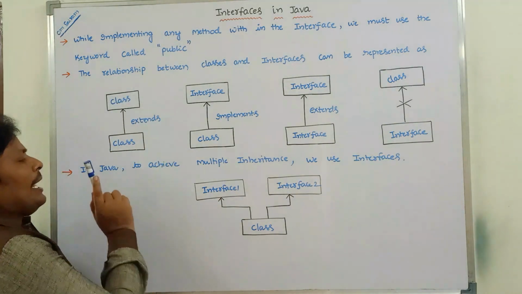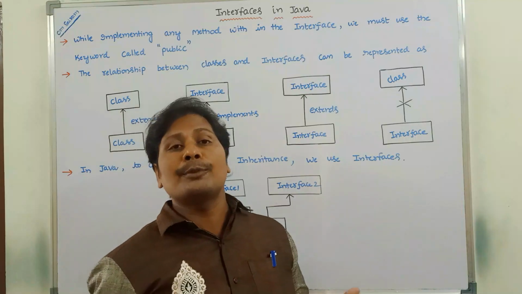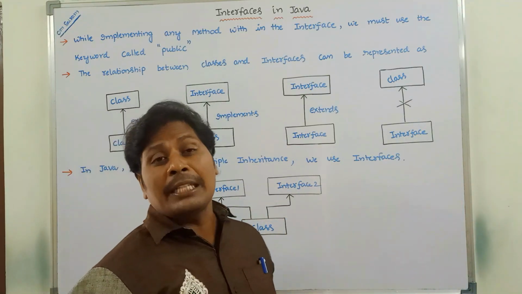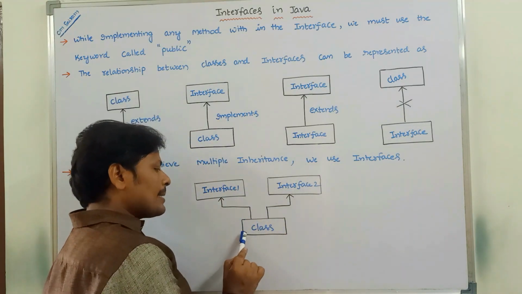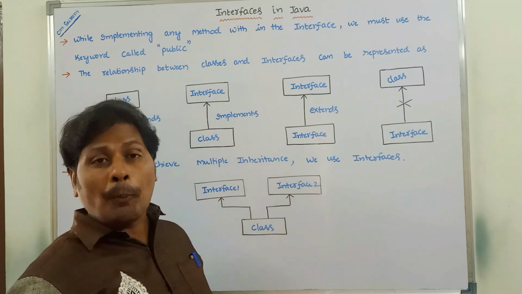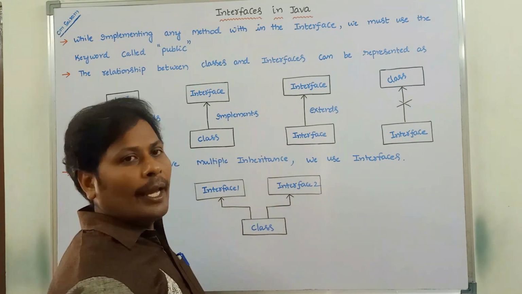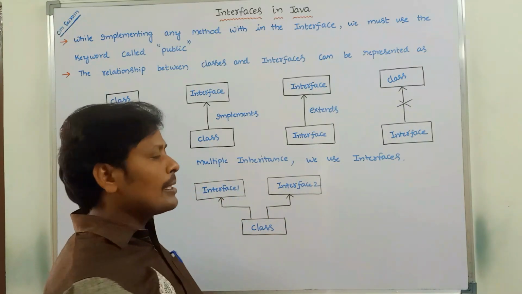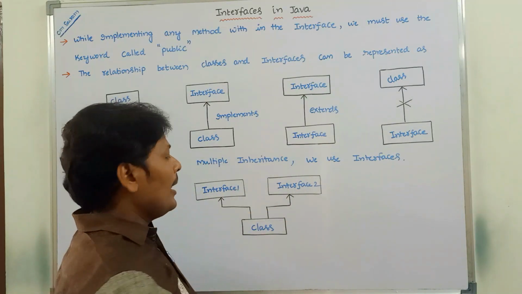Next, in Java, to achieve multiple inheritance, we have to use interfaces. So what is multiple inheritance? Here, this class can acquire the properties from two interfaces. Interface 1 can be treated as one base class, and interface 2 can be treated as another base class.